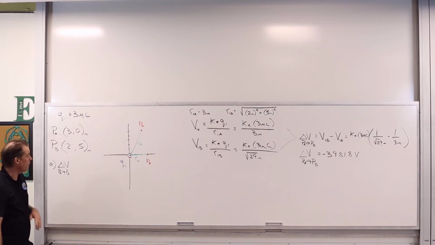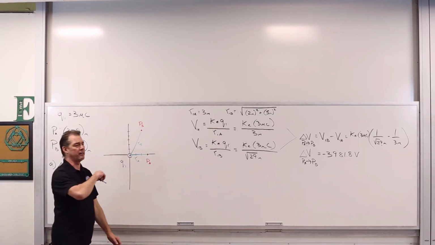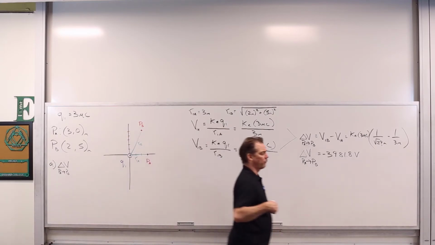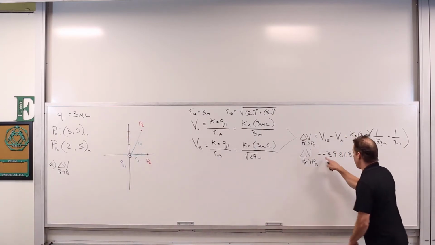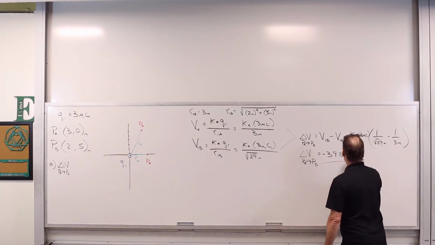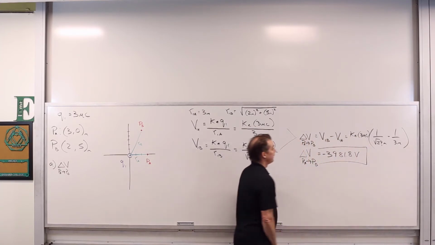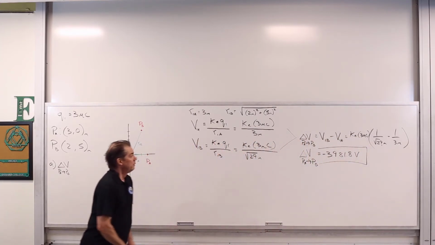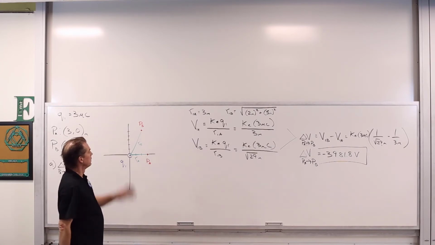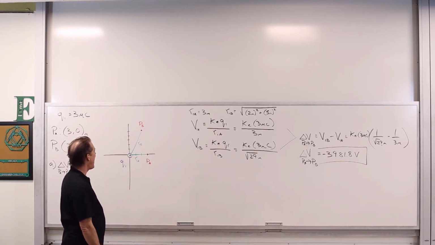If you're moving radially outward in the vicinity of a positive point charge, then you are moving in the direction of the electric field. You are moving through a negative potential difference. So yeah, that's right. Pretty big, but that's okay though. There we go. So fantastic.